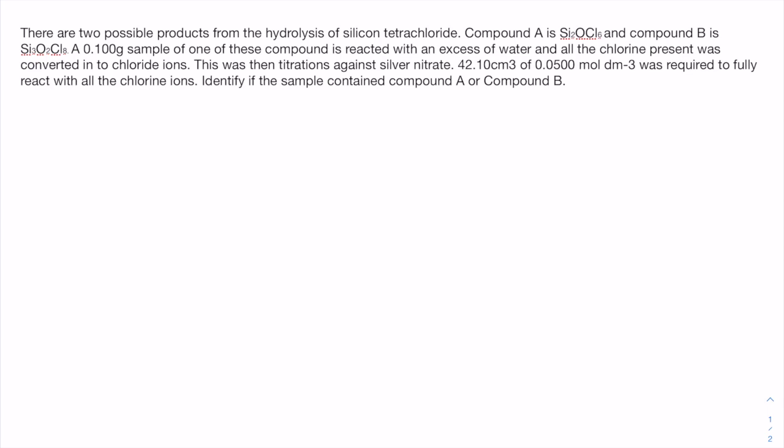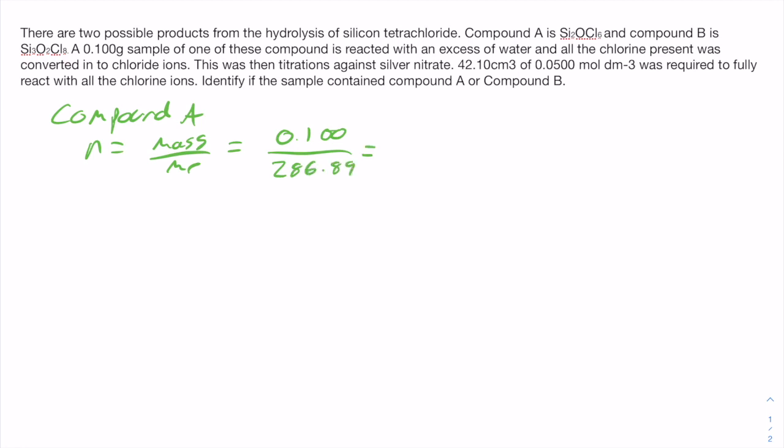So the way I approached this question was to first work out the number of moles of chloride ions of compound A and compound B that will be present in a 0.1 gram sample. So I'll do that first. I've got compound A. The number of moles of compound A will be worked out by number of moles equals mass over Mr. I've got a mass of 0.100 grams, and the Mr of compound A is 286.89, and that gives me a number of moles of 0.0003486.